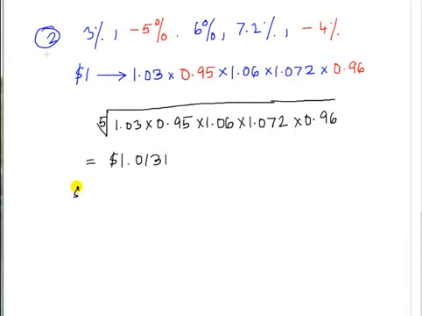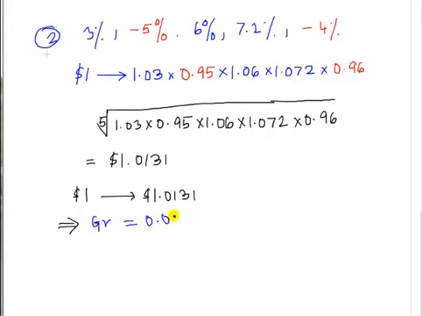So again, just like last time, if our dollar has grown on an average to a value of 1.0131, then this implies a growth of 0.0131.